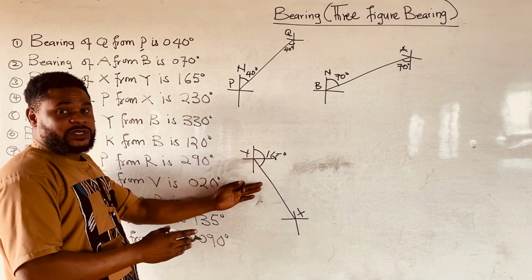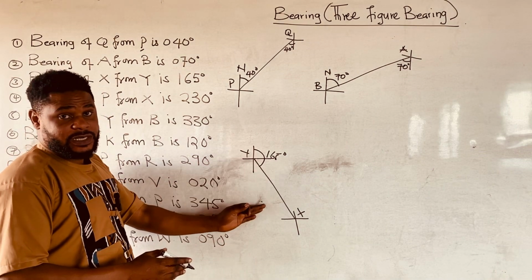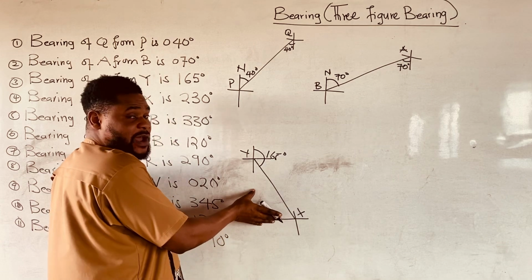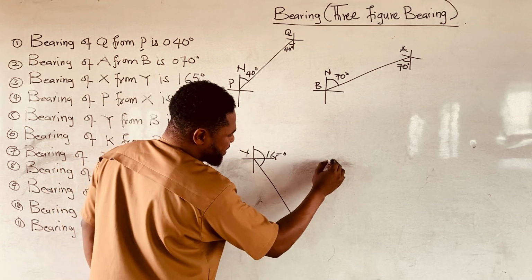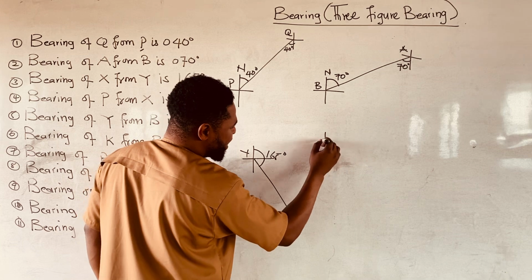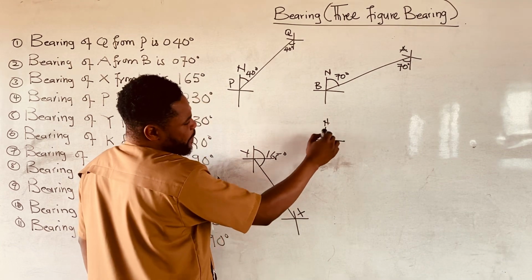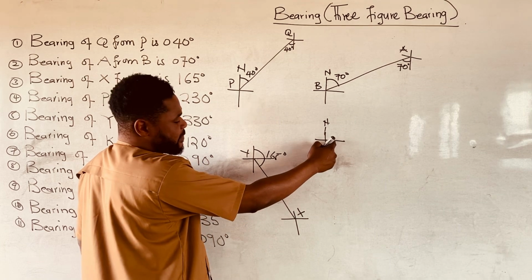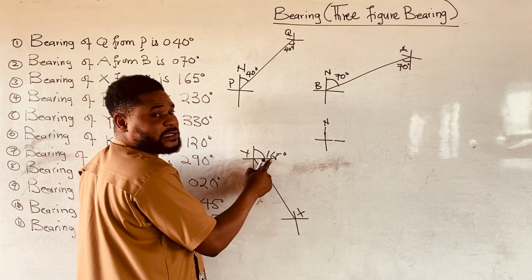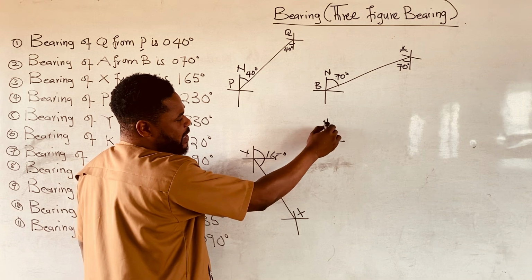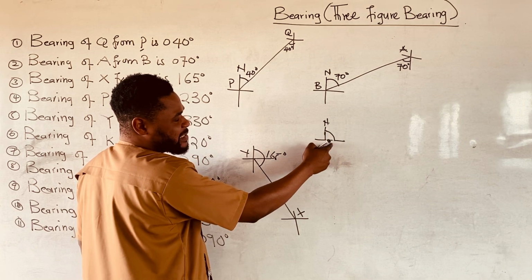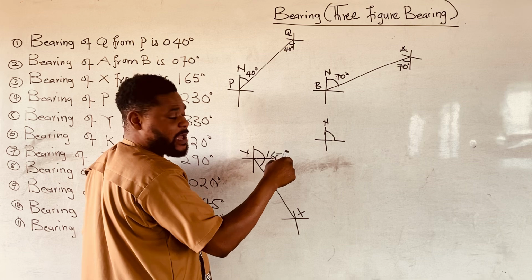Now, we have two ways of taking a bearing of this nature. The same bearing here can be taken as this. All right? Now, we all know that from here to here is 90. I'm going to take 165. So 90 plus 75 will give you 165.